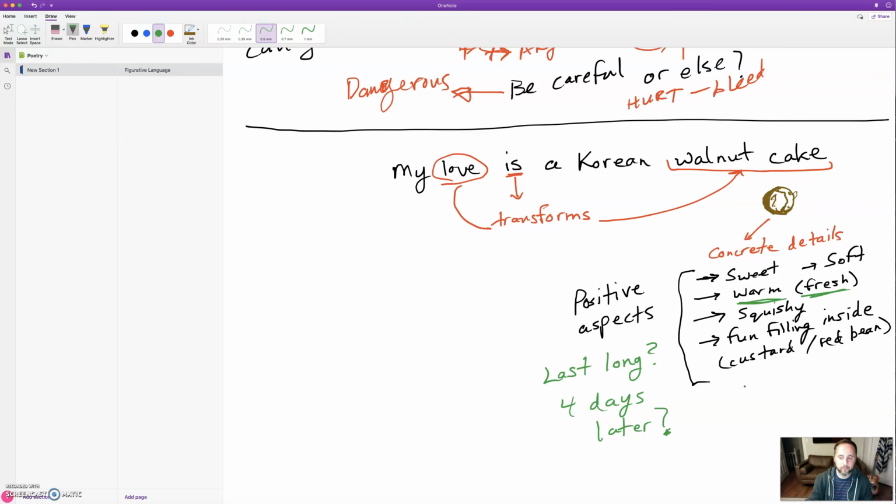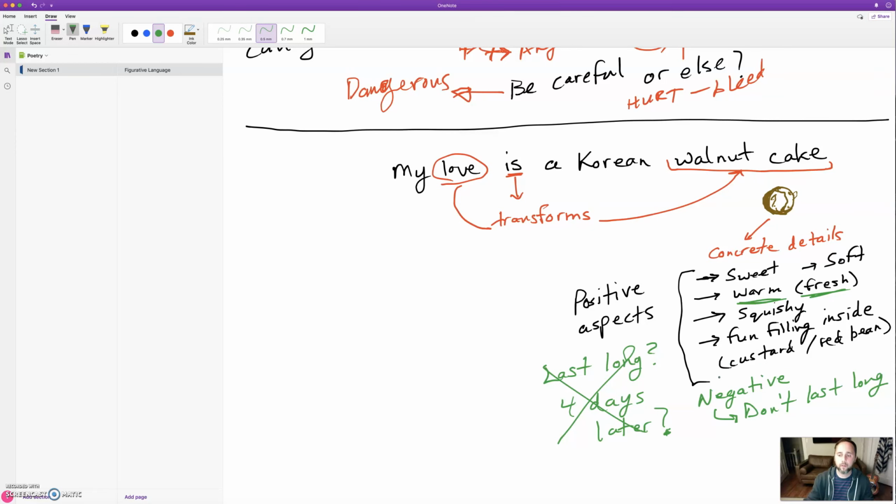They're only good for a short period of time. So they don't last long. So the negative aspect is, in a negative sense, they don't last very long. Okay, they're good while they're fresh, but after a while, not so nice.